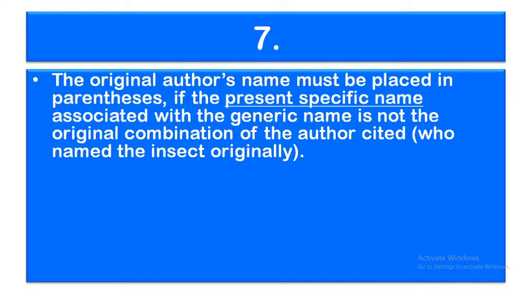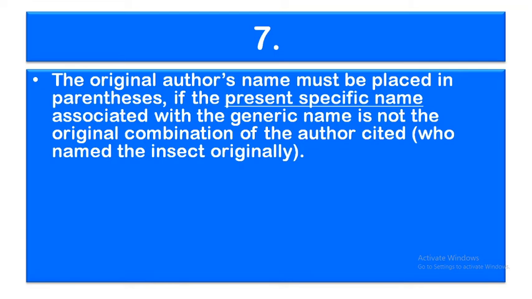If some person has named an insect earlier, and that insect has later been given a different combination, the generic name and species name will not be the same as given by the original author, but changed by the next author. Hence the name of the original author appearing just after the scientific name will be put into parenthesis.